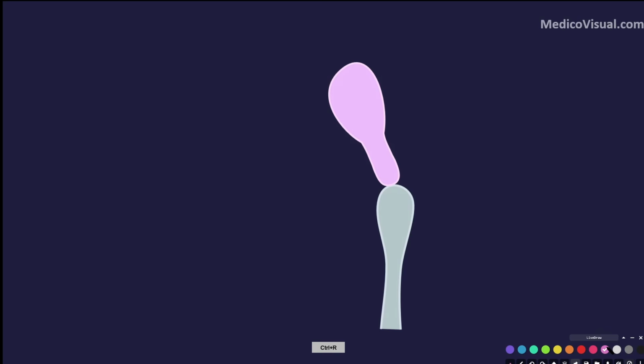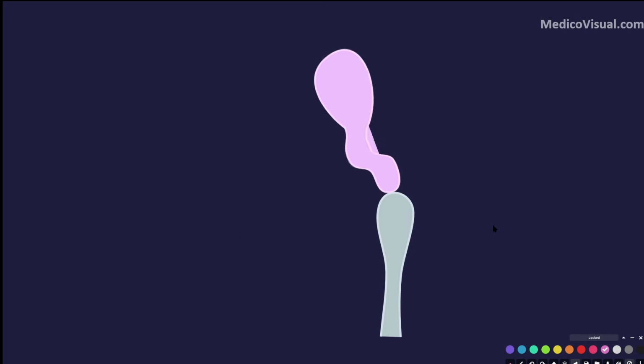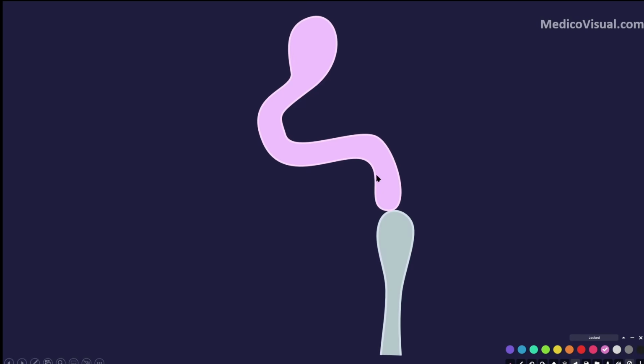So actually it will form either a shape like this, or it may form a comma-shaped structure slightly like this. So a pear-shaped or comma-shaped structure will be formed. Next, it will form an S-shaped kidney tubule, and of course the terminal end is still dilated.